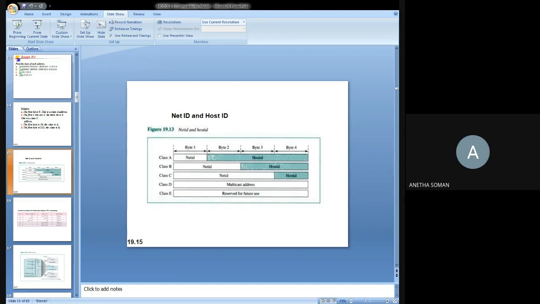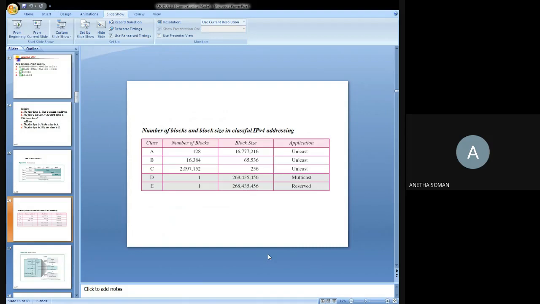I told you that you can have two types of addressing, and we were dealing with classful addressing. Classful means the IP address is divided into different classes, and that addressing scheme you can call classful addressing. The problem is that each class is being divided into a fixed number of blocks, and each block will have a fixed size. Understanding? Each class will be divided into a fixed number of blocks.